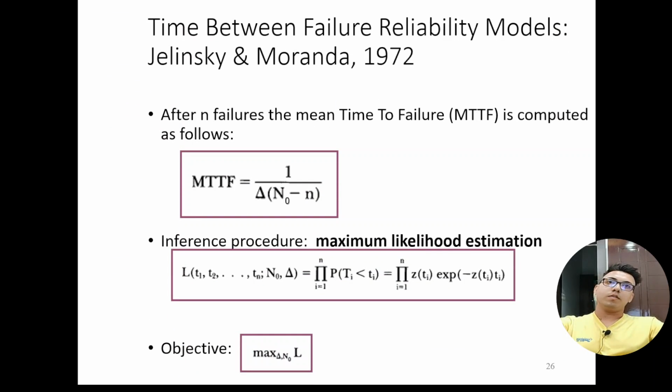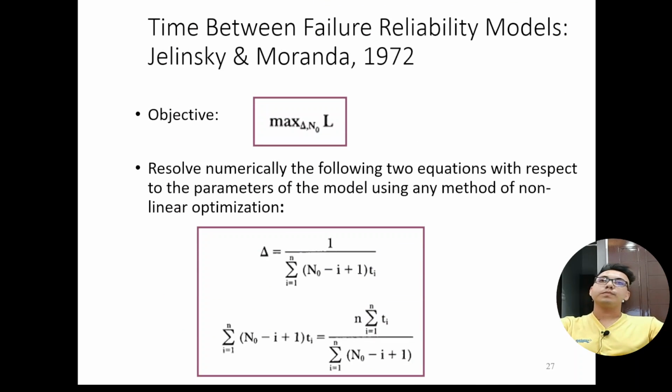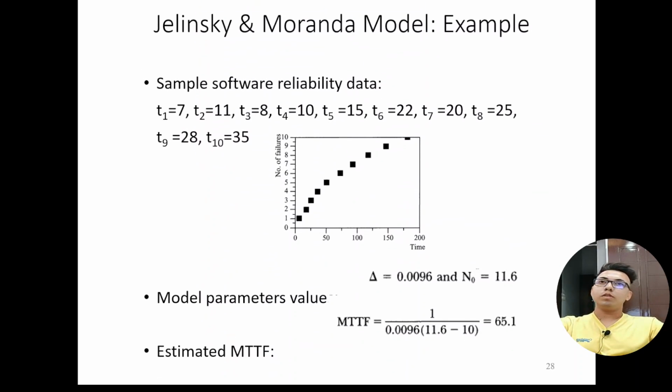After a failure, the mean time to the next failure is computed as 1/(phi(N - i)). The inference procedure is maximum likelihood estimation. You can see the formulas for Jelinski and Moranda. For example, we take T1 equal to 7, T2 equal to 11, T3 equal to 8, so the sum is 35.